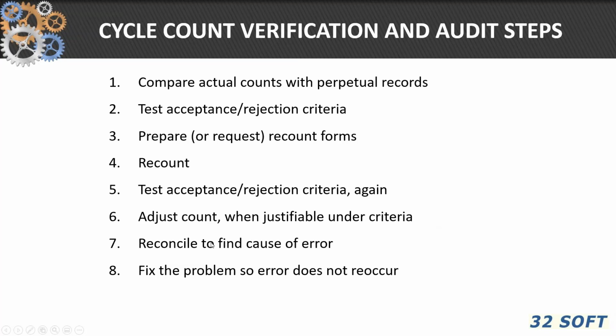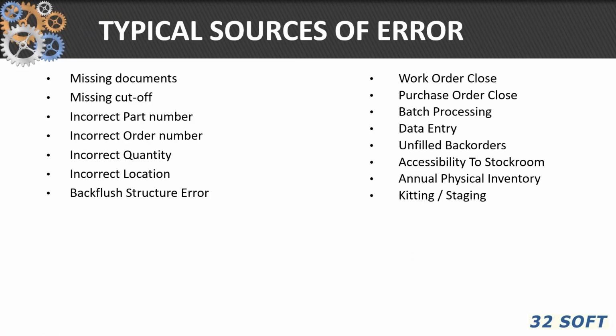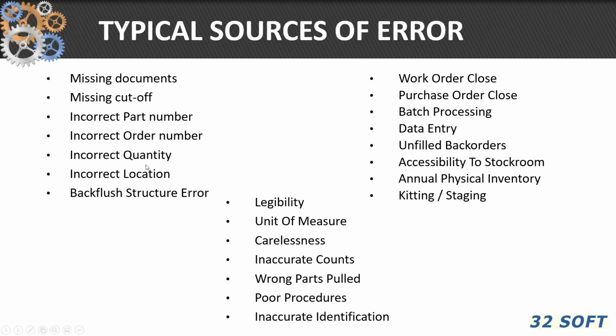Then ultimately you want to reconcile and find the cause of that error and fix the problem so the error doesn't occur again. There's all sorts of reasons why parts are out of tolerance: missing documents, incorrect quantities, backflush problems, work order close problems, legibility, wrong parts.